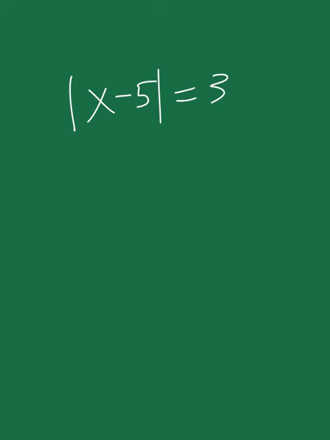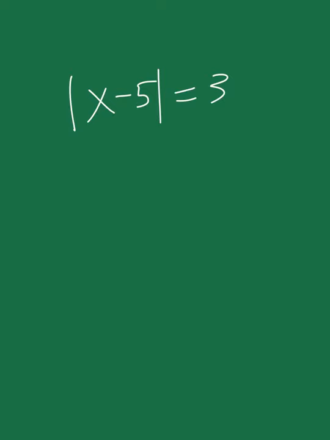All right, I'm going to explain how to work out the problems first, and then after learning how to work out the problems, I'll explain what it means geometrically. So here's our first example. We have the absolute value of x minus 5 equals 3.